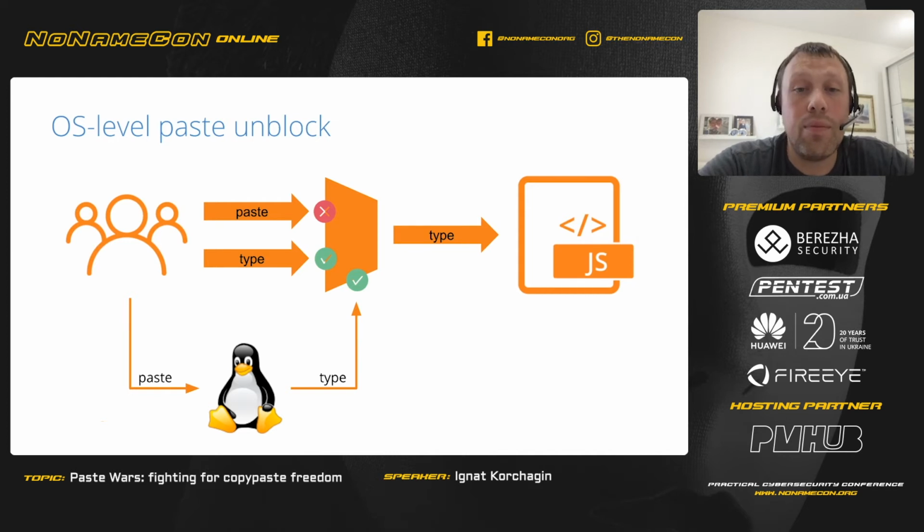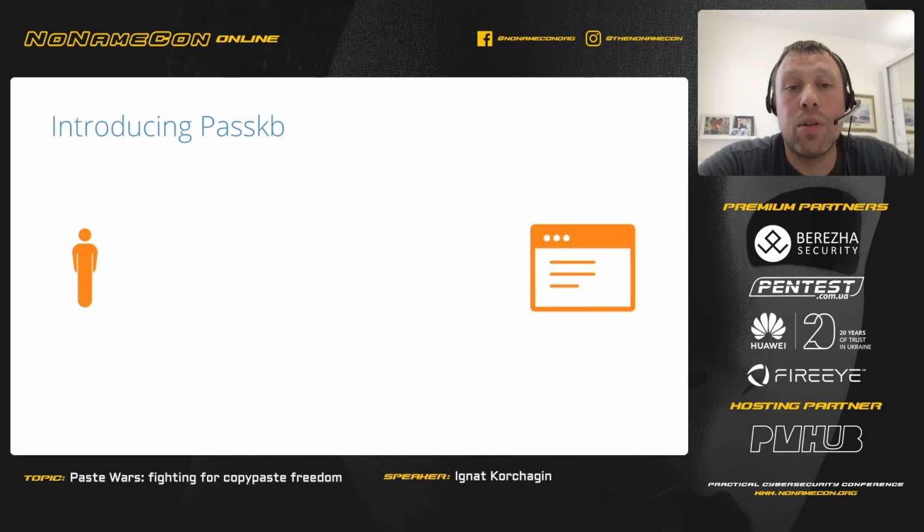From the application perspective, there is no difference whether the user types in the password or the operating system types in the password. The operating system provides typing activity, so that filter cannot easily block it, because for the application it appears as someone is typing the password, and that filter should allow this by design. So yeah, I wrote a simple tool for that, introducing passkb.